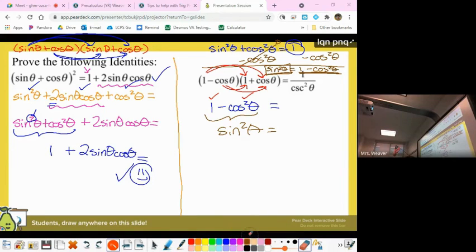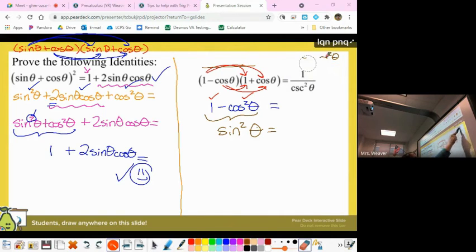We've got sine squared theta, and we want to get it to be 1 over cosecant squared theta. We're close, but we need it to be 1 over cosecant squared theta. So, what are you thinking?